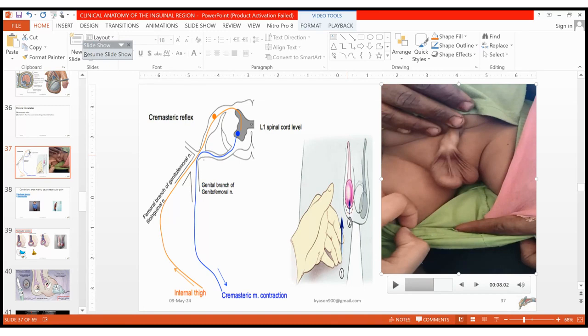So it's a very important neurological test to check the integrity of the first lumbar segment of the spinal cord and the genitofemoral nerves themselves. So if it's absent, that would be a reason to worry.